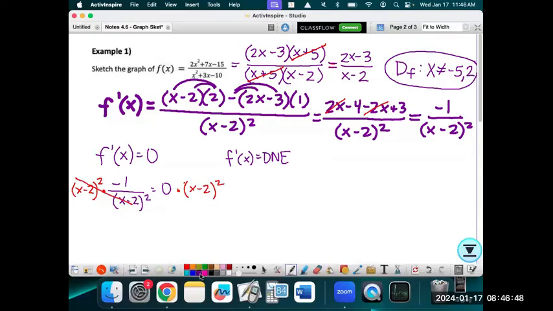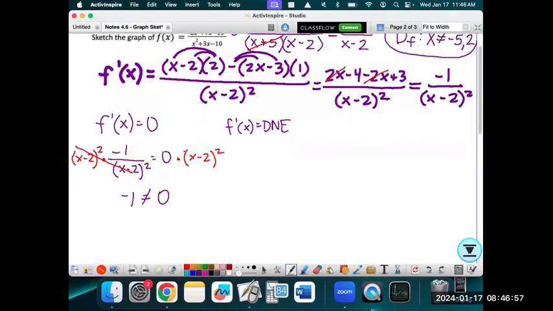And we get negative 1 equals 0. That doesn't make sense. So that means that we are not going to get any critical points occurring from where the first derivative equals 0.